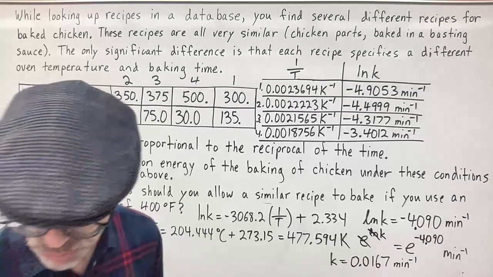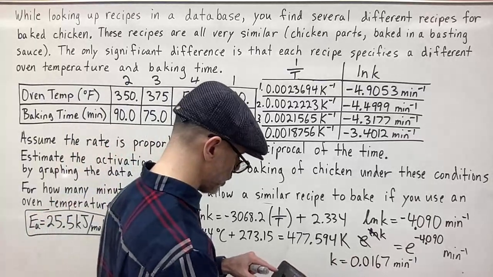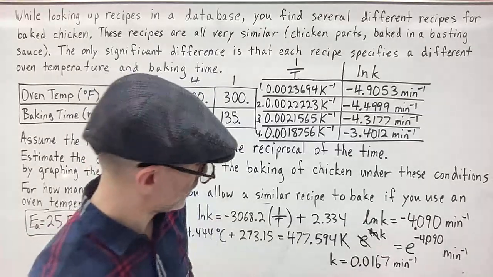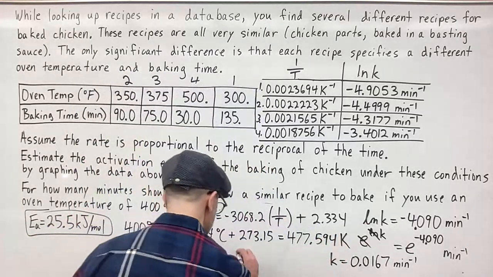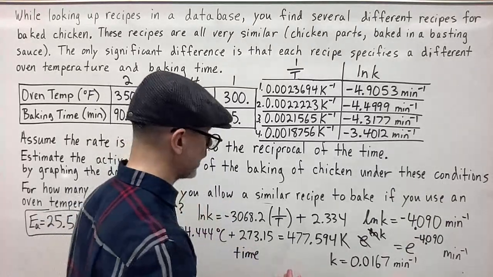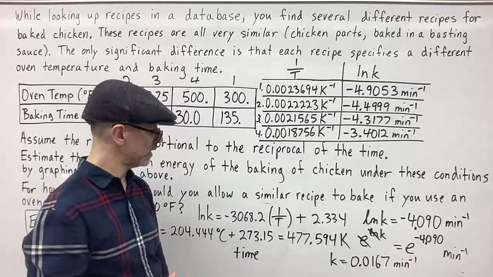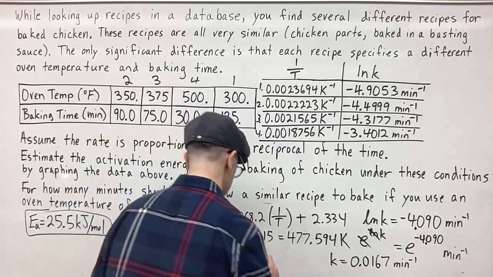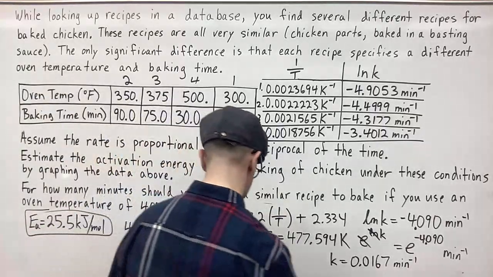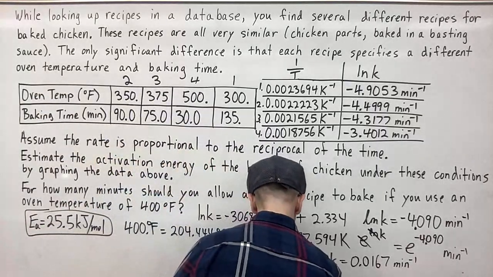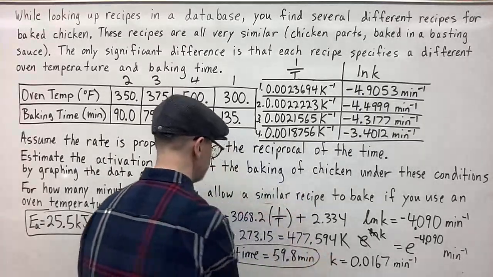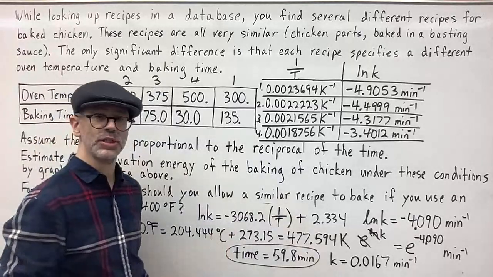If we take the reciprocal, we get 59.8 minutes. So the time that it takes to bake the chicken at 400 degrees Celsius is going to be, what did I say? 59.8 minutes. And that, ladies and gentlemen, is how you do this problem.